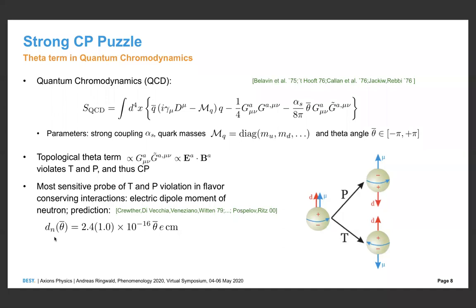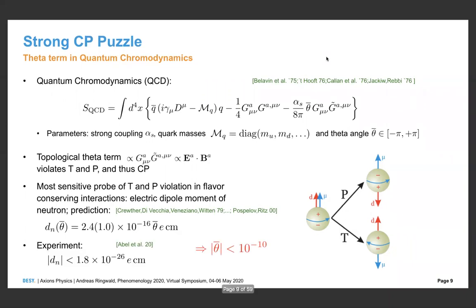The contribution from this theta term to the dipole moment of the neutron should be of the order of 2.4 times 10 to the minus 16 theta bar e centimeter.